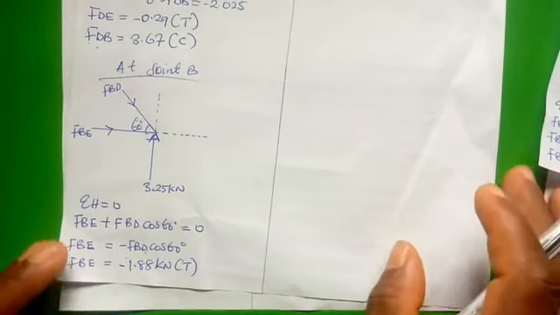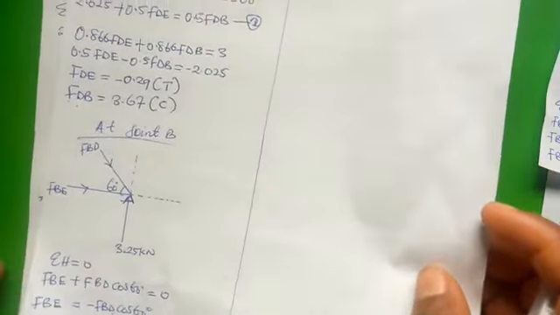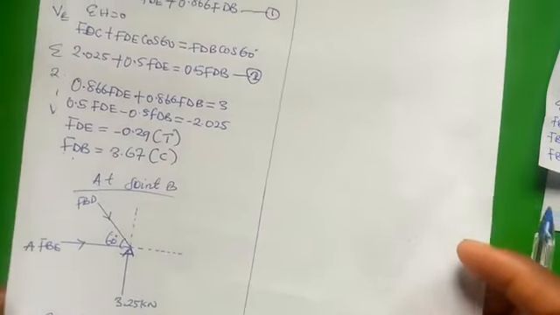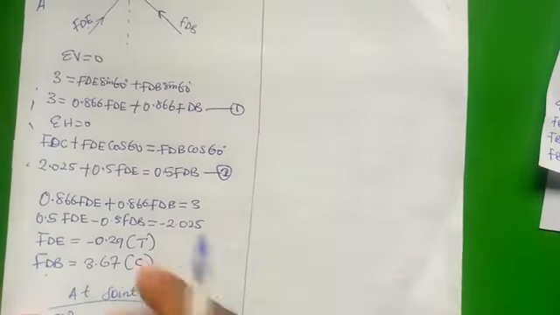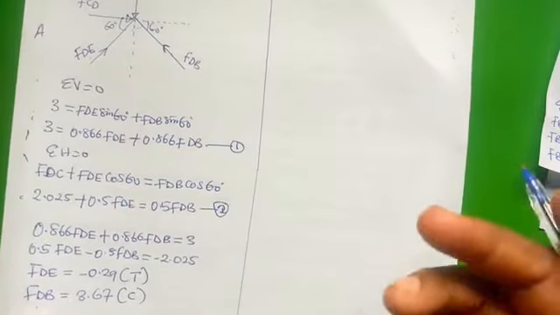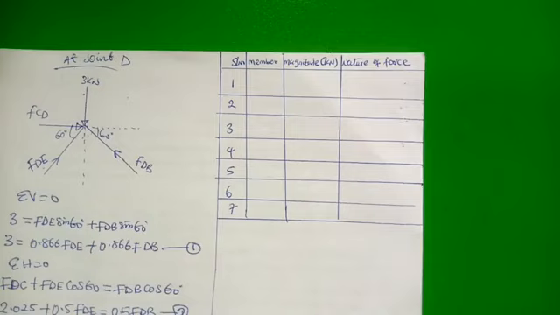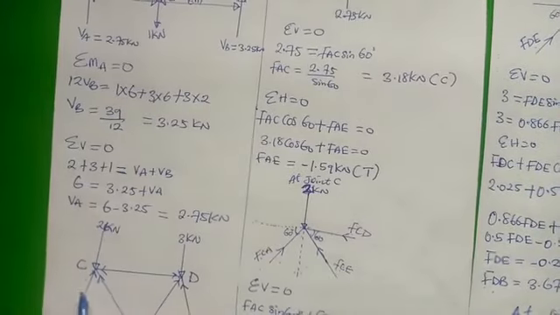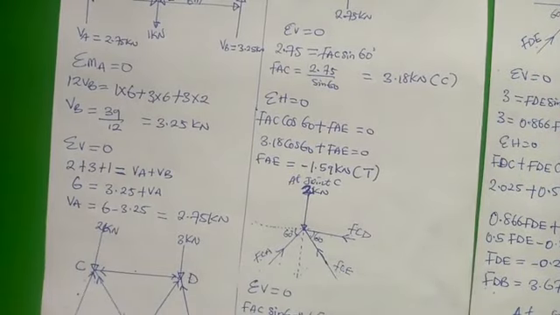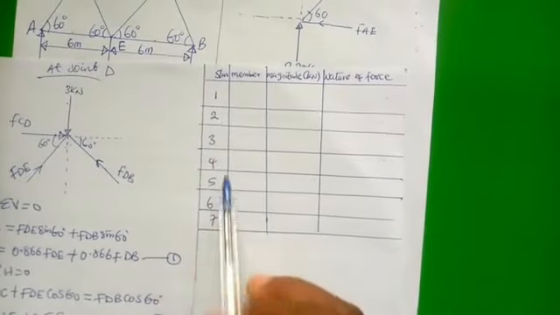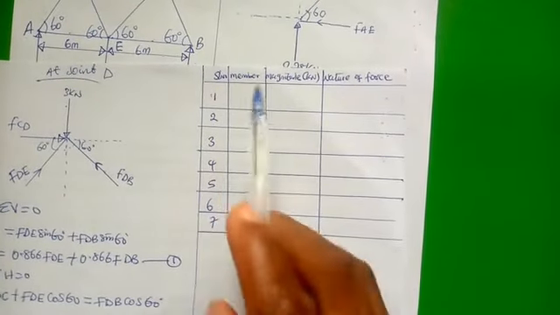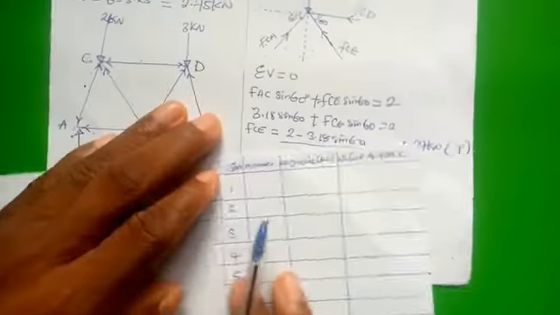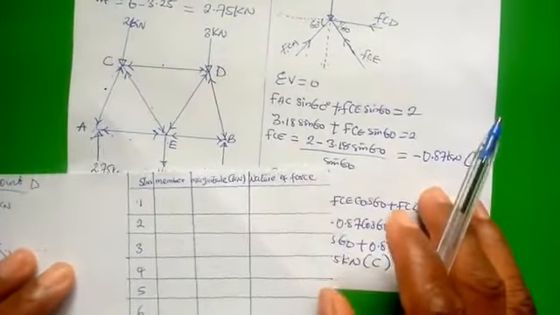Now we can summarize our results by drawing a table showing the members, the magnitude of the forces that we have calculated, and the nature of the forces. Don't forget, in the question we have 1, 2, 3, 4, 5, 6, 7 members, and that is why our serial number ranges from 1 to 7. Then for the members, let's look at this and draft all the members.